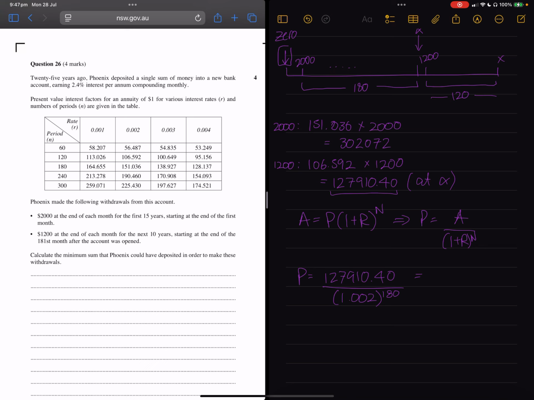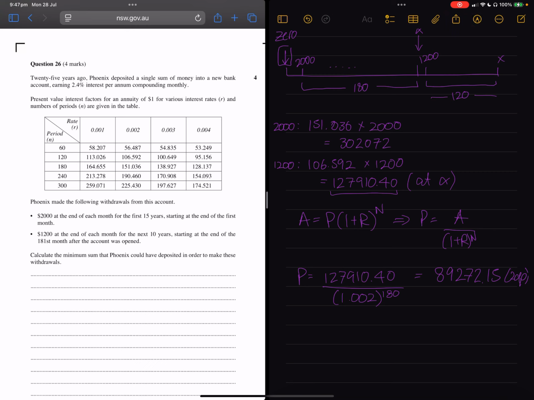Let's put this in our calculator: 127910.40 over 1.002 to the power of 180. The calculator tells me this is 89,272.15 to two decimal places.